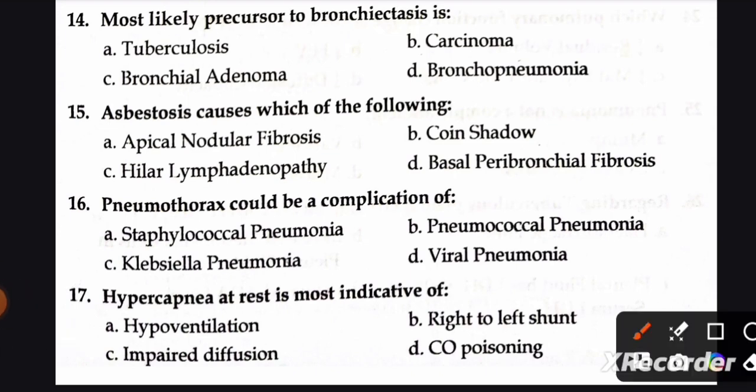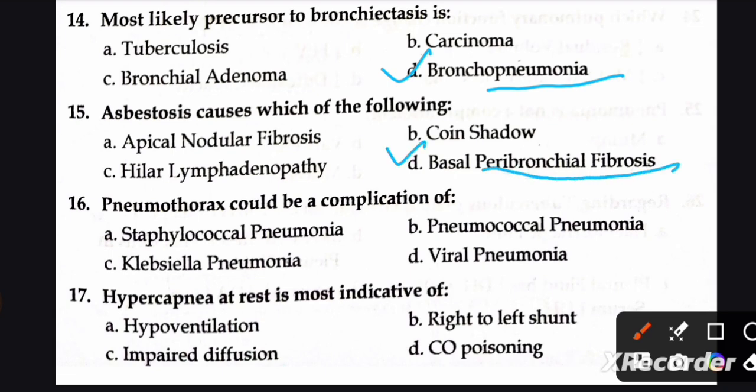So right option is D. bronchopneumonia. Next question is: asbestosis causes which of the following? A. apical nodular fibrosis, B. Cohen shadow, C. hilar lymphadenopathy, and D. basal peribronchial fibrosis. Right option is D. basal peribronchial fibrosis.